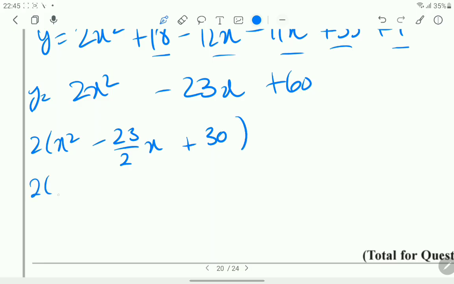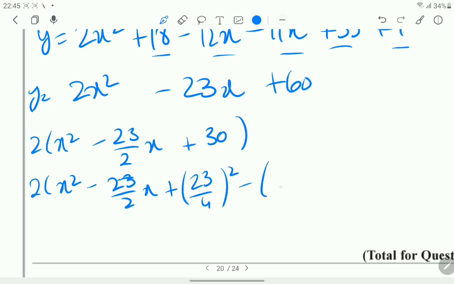And 2 common, x squared minus 23 by 2 x, just to make it neat, plus 23 by 4 whole squared minus 23 by 4 whole squared plus 30.